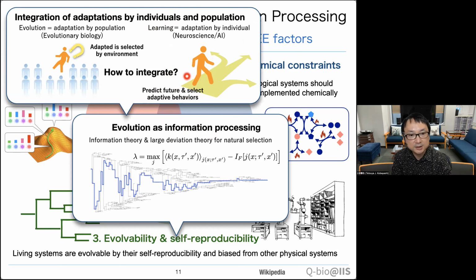Our brain is designed to predict the future and select adaptive behavior as a single agent. On the other hand, in evolution, by natural selection, the adapted organisms are selected posteriorly. These two are quite different, but coexist in many biological phenomena, and we want to understand this.